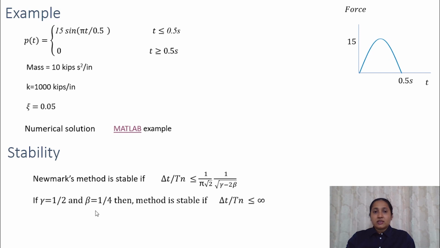That means it is stable for any value of delta t. So the average acceleration method will always be stable, but the other method, the linear acceleration method, can be unstable if this relationship is not satisfied.